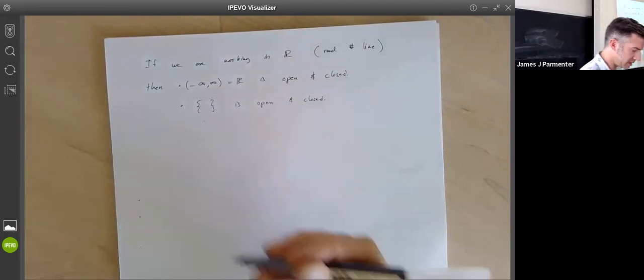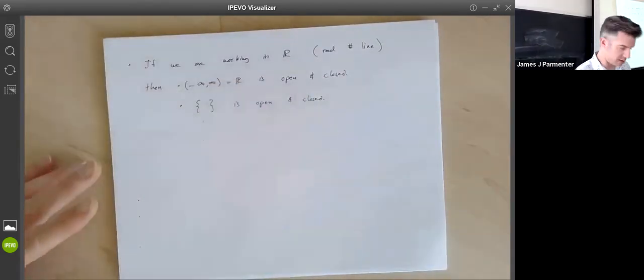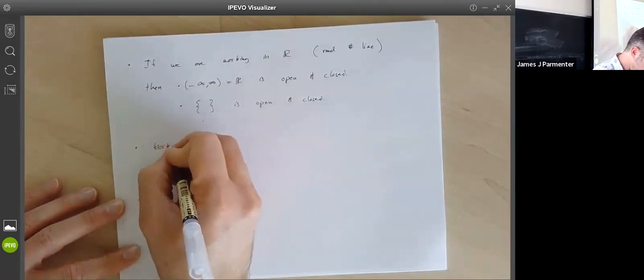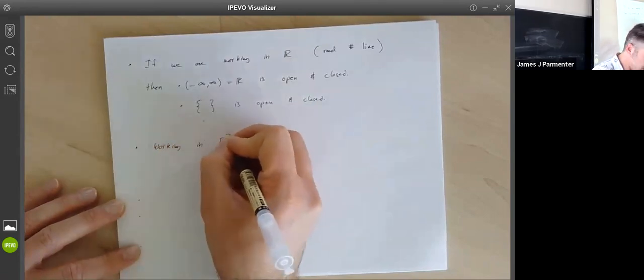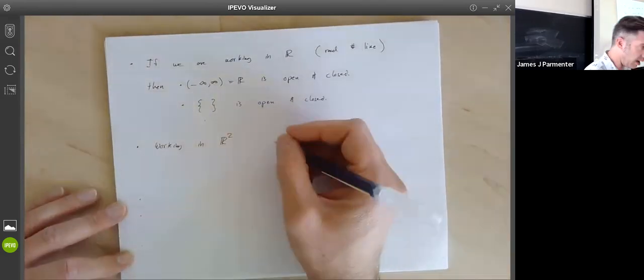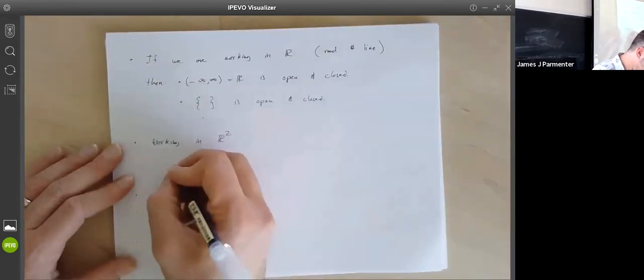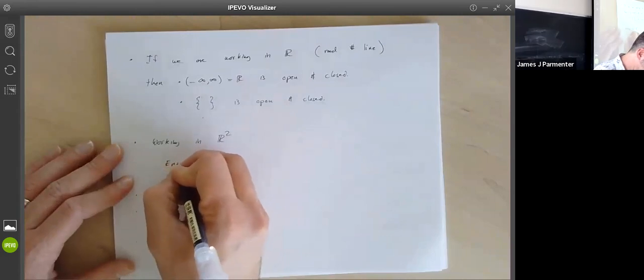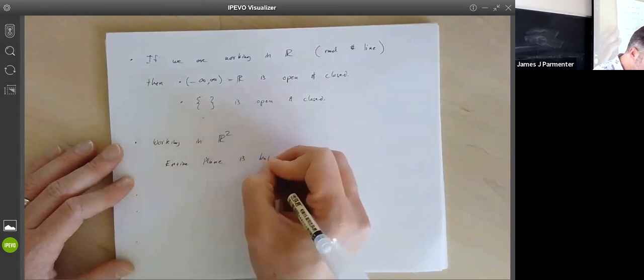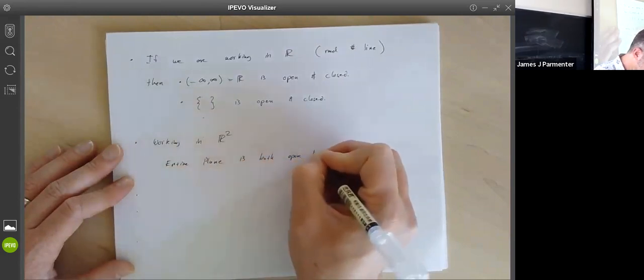And then this is extendable to more dimensions. If instead you're working in R2, which is where we're usually working for domains of multivariable functions, then the set of all points, the entire plane, just like the entire real number line, is both open and closed.